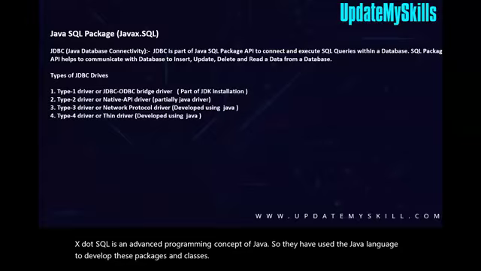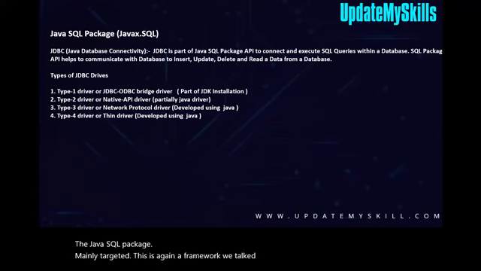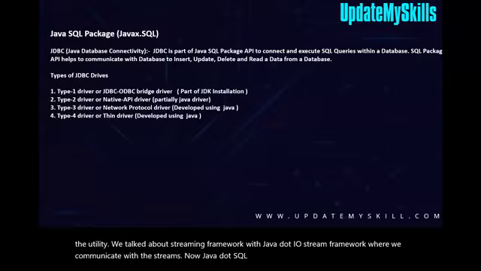The Java SQL package is mainly targeted, this is again a framework. We talked about the collection framework as a part of the utility. We talked about the streaming framework with java.io, where we communicate with the streams. Now, the java.sql package mainly targets communicating with all the databases.